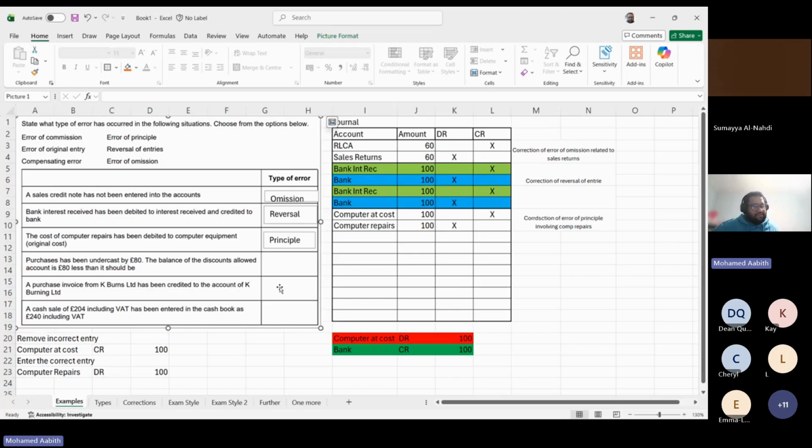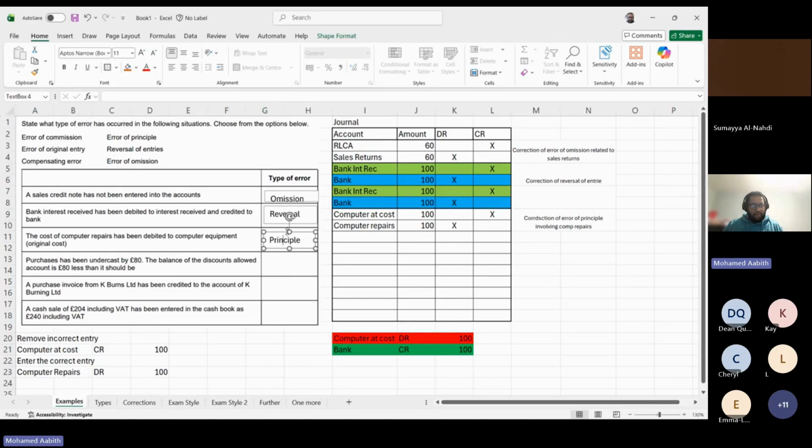And then let's look at this one here. A purchase invoice from K Burns Limited credited to the account of K Burning Limited. So what happened here? It's 1 invoice from 1 supplier. It's been entered into another supplier's account. When you put this in the purchases account, it's only affecting the subsidiary ledger. This is a classic example of what we call an error of commission.